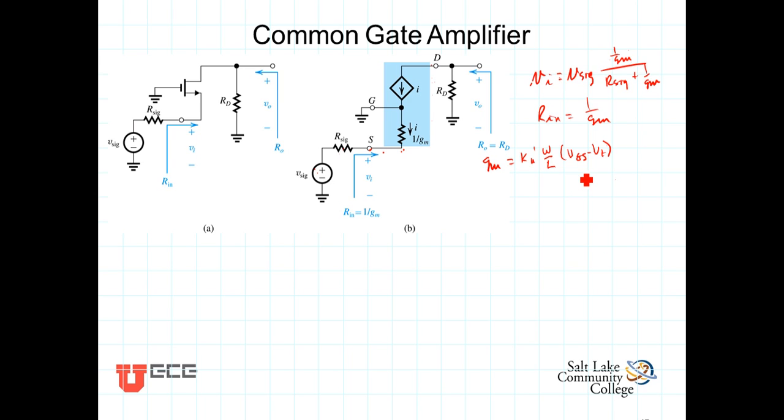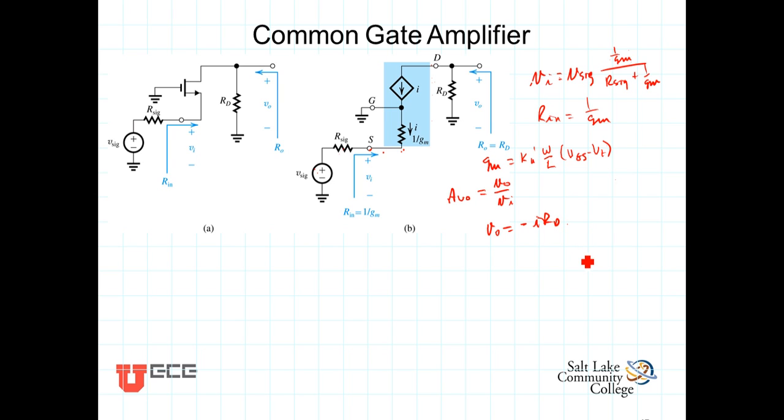We can determine the open circuit gain A_vo, which is v_out over v_in with no load resistance connected, by realizing that v_out is negative i times R_D.